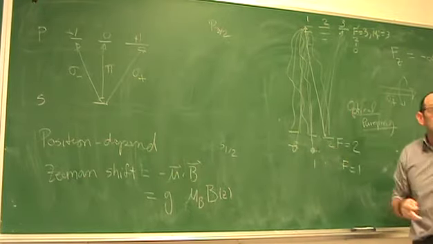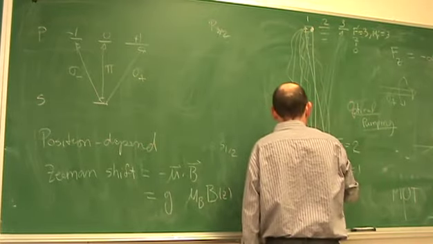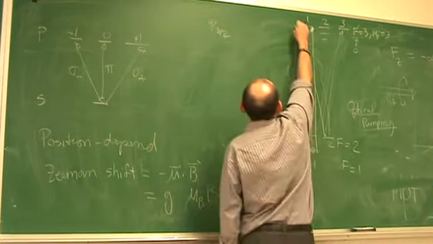So this is bad. So what's always done in these kinds of situations is to put on what's called a repumper. I don't know if you do it with pi light or sigma light, but if we just put on a resonant transition up to here.